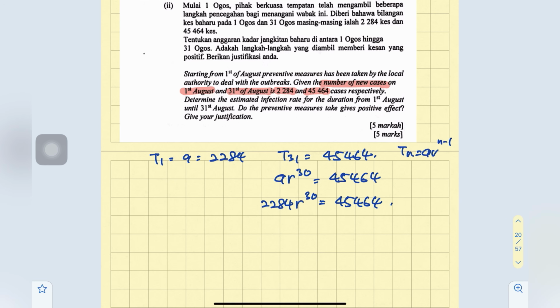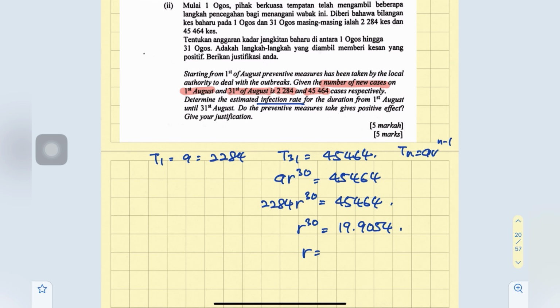So we just find R because it asks for the infection rate. So we want to find R. R power of 30, dividing these two, becomes 19.9054. So R equals power of 1 over 30.